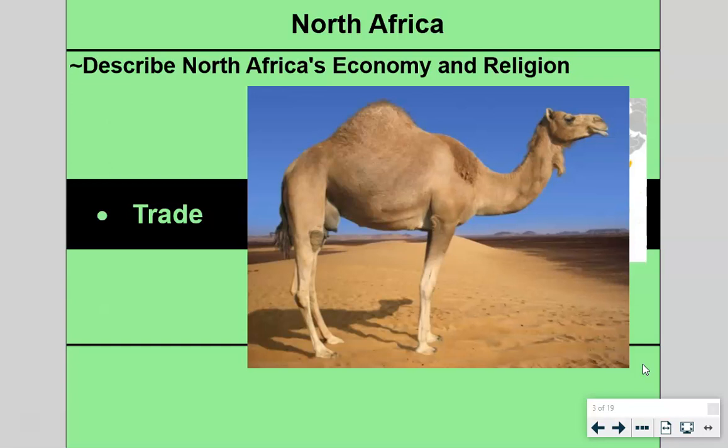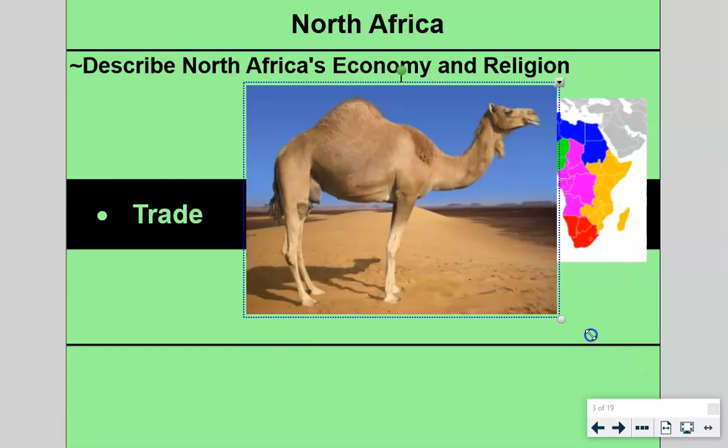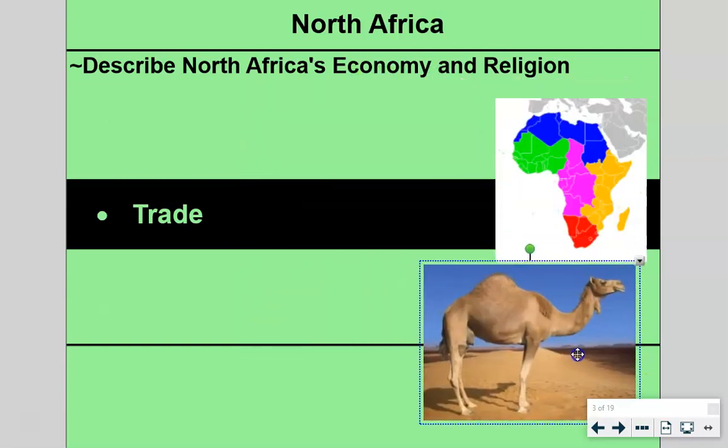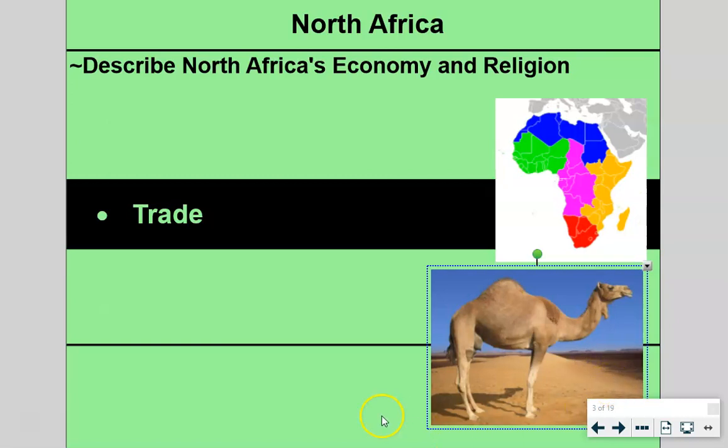A lot of North Africa is covered by the Sahara Desert. Other areas are still just going to be warm and water is going to be scarce. So camels carrying very heavy loads, very long distances throughout one day make the camel a very important factor fueling trade in North Africa. So the harnessing and domestication of camels was very, very important to trade.